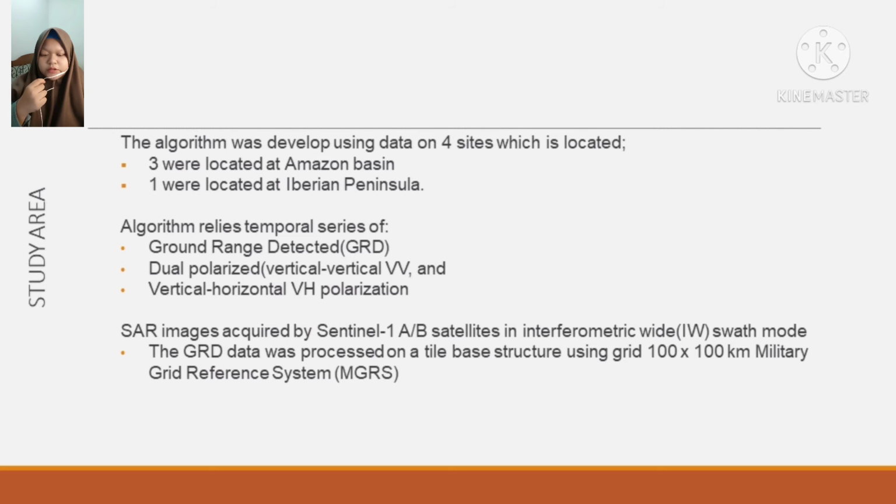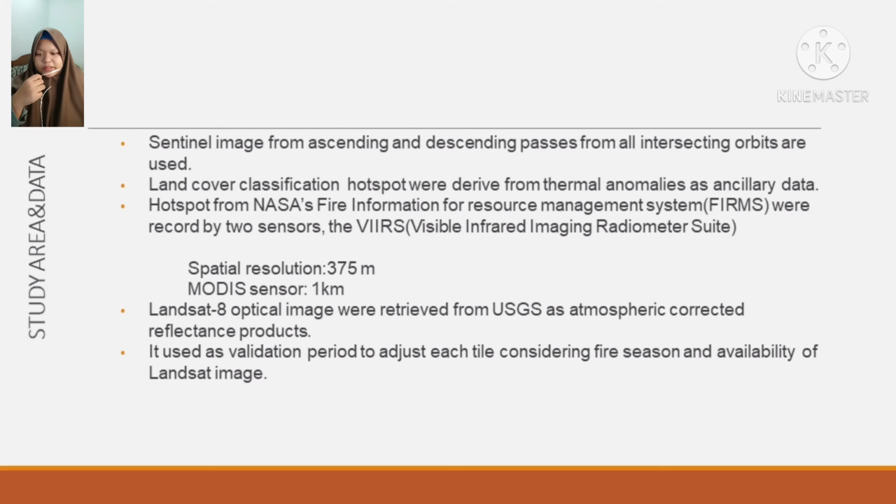The GRD data was processed on a time-based structure using the 100 x 100 km military grid reference system. Sentinel images from ascending and descending passes from all intersecting orbits are used, and the land cover classification and hotspots were derived from thermal anomalies as ancillary data.